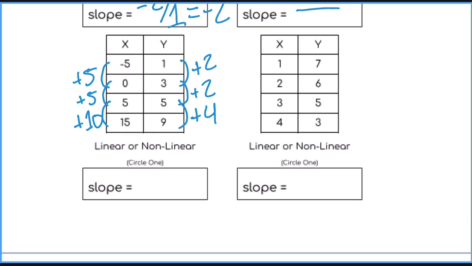our change for these first two is 2 over 5. And then our change for this last one, it's 4 over 10.